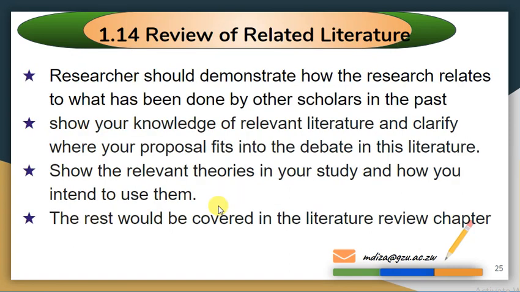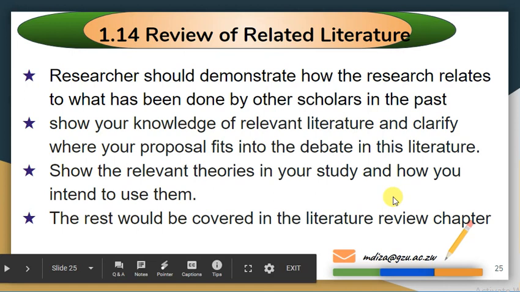Now, moving on, review of related literature. The researcher should demonstrate how the research relates to what has been done by other scholars in the past. Show your knowledge of relevant literature and clarify where your proposal fits into the debate in this literature.